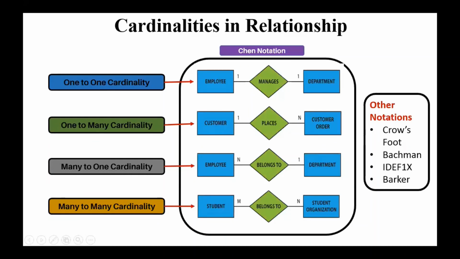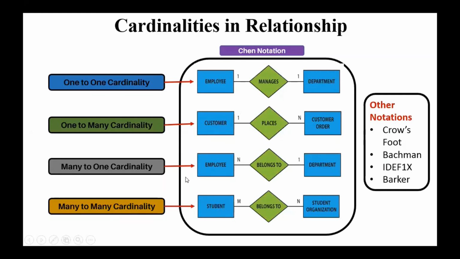Just note where you are writing N. One customer places multiple orders, hence on this side N is written. But one order can have only one customer, hence one is written on the customer side.